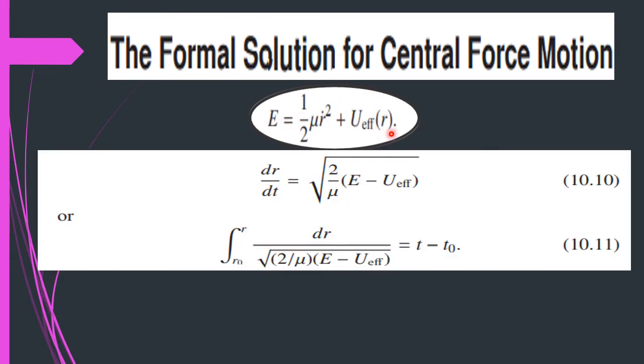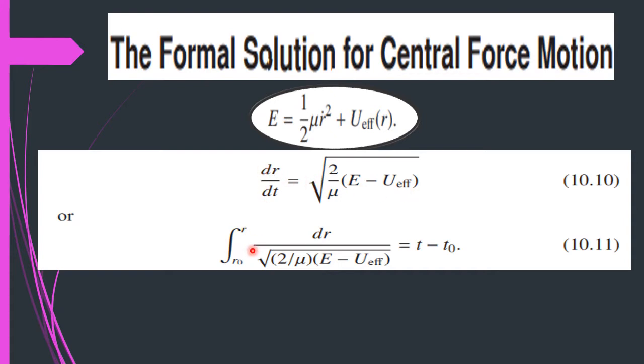So for the formal solution of this equation, you know that r dot is nothing but dr by dt, the variation of r with time. On rearranging this equation you get dr by dt equal to root of 2 by mu times E minus U effective.